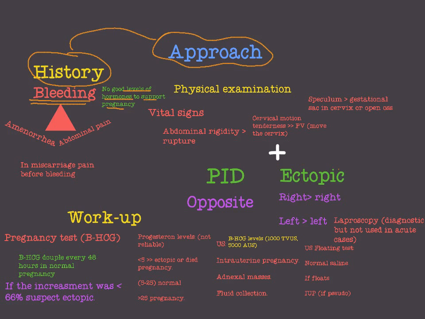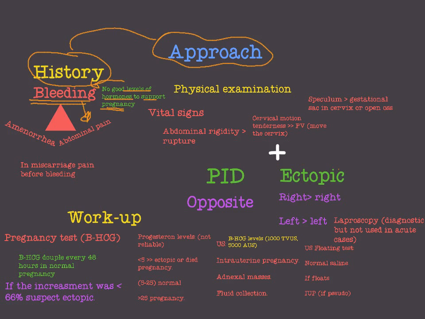So we have a small sac, not like a normal sac in pregnancy, which is not able to secrete normal hormone levels to support the pregnancy, so we have bleeding. This is the first symptom to appear.